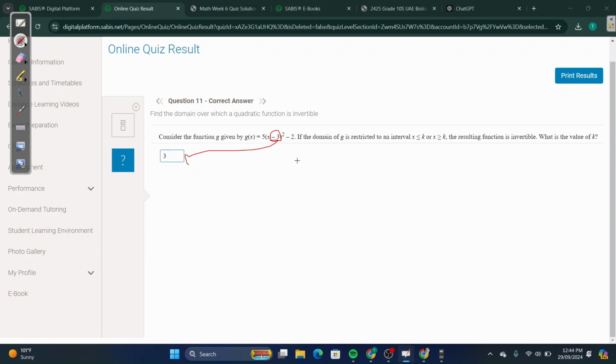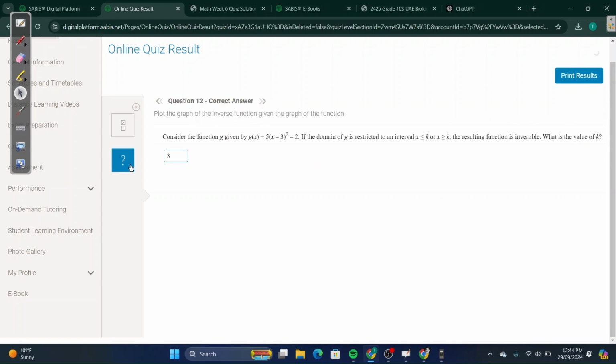If it was, for example, x minus 2 squared, or x plus 2, let me erase it. Basically, put your answer as the opposite sign of this number. So if you have x minus 3, you're gonna want to put 3 as your answer. If you have x plus 3, you're gonna want to add a negative sign. Just put the opposite sign as your answer.